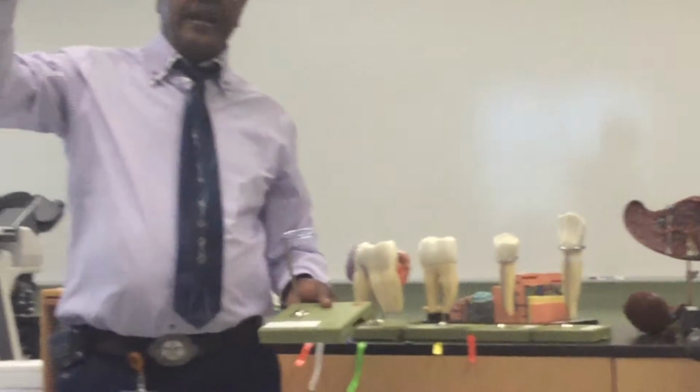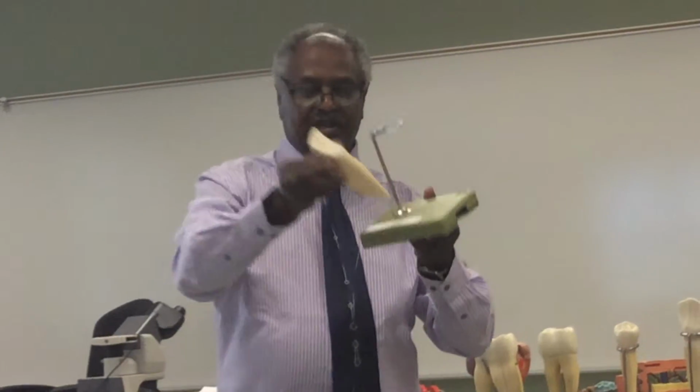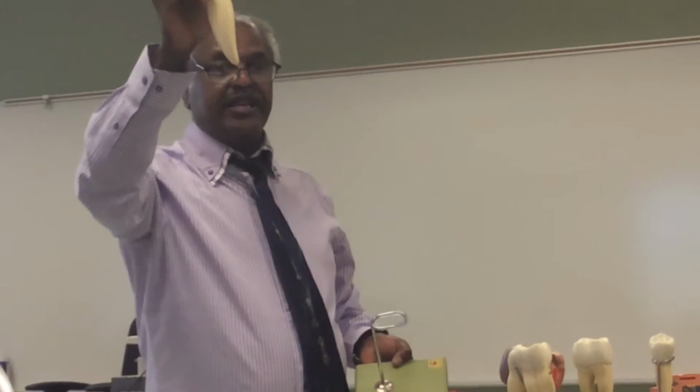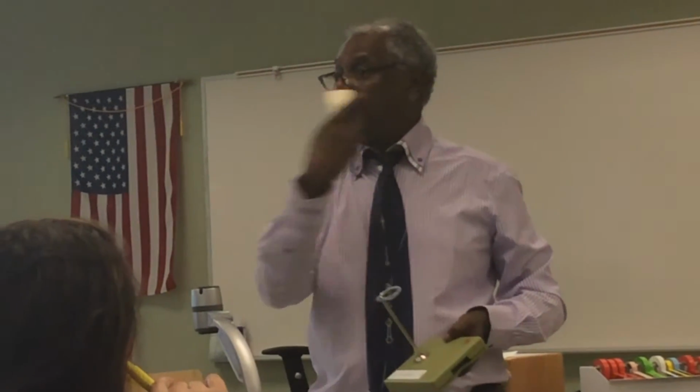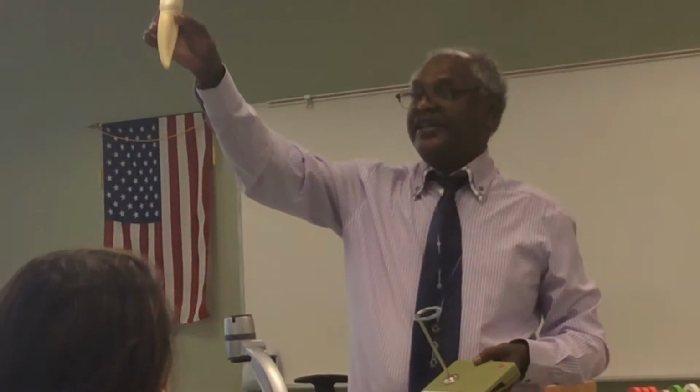The way the questions are going to be formulated, you will find one of these teeth lying around by itself without the label, and the question is, identify the type of tooth. This is an incisor. The next question is going to be, how many of these are in the full mouth? If there are 2 per quarter, there are 8 incisors in the full mouth.